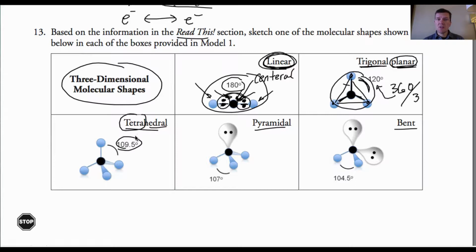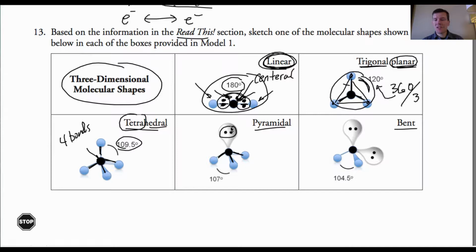Now, realize that what we have here is 1, 2, 3, 4 bonds. I need a central atom that has 4 bonds around it. Okay? Look at the difference over here. This also has 4 regions around it, but one of the regions is a lone pair. Therefore, the shape of this molecule is determined by the atoms.